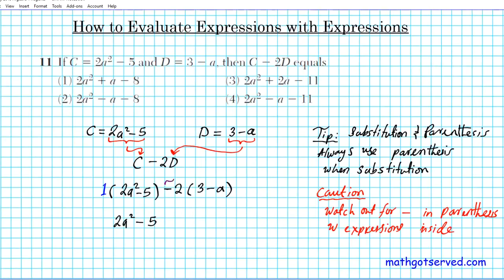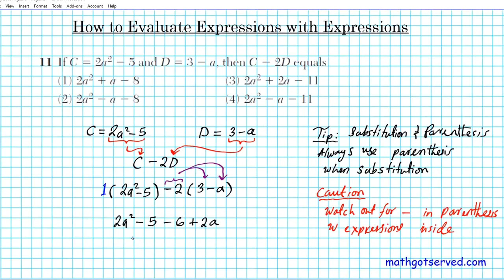Negative 2 will be distributed to positive 3 and negative a, and as indicated earlier, when you distribute negatives, signs do change. So negative 2 times 3 gives us negative 6, and negative 2 times negative a gives us positive 2a.